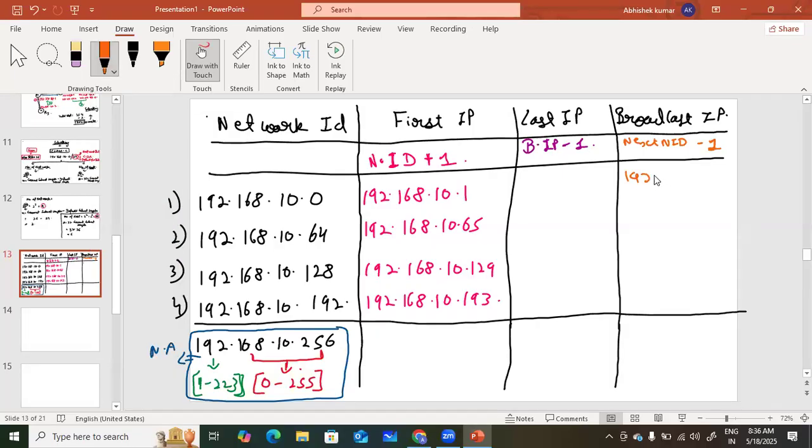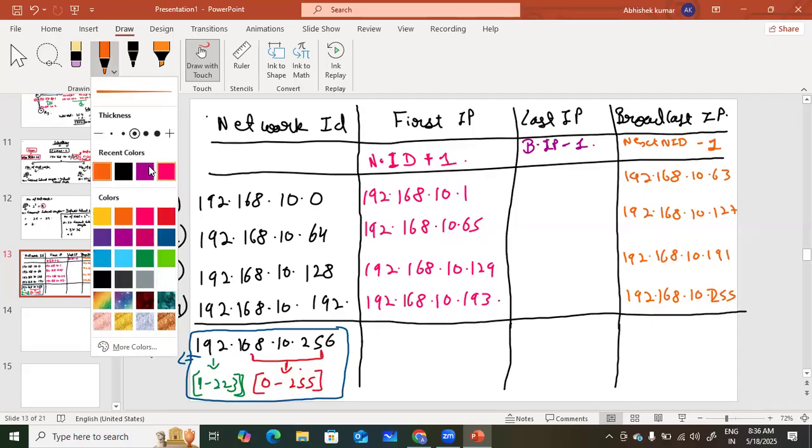So it would be 192.168.10.63, then 192.168.10.127, then 192.168.10.191, and the last is 192.168.10.255.